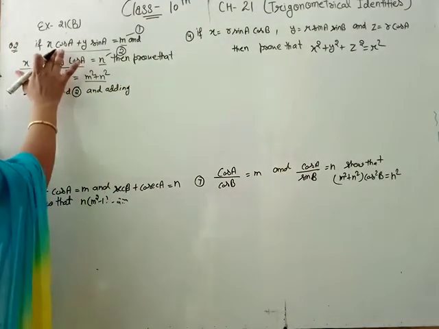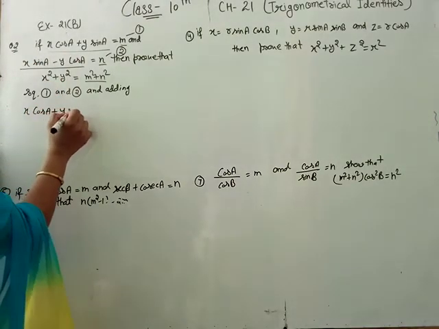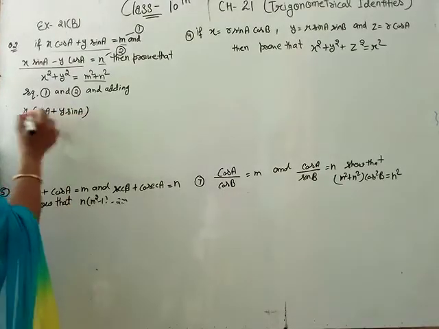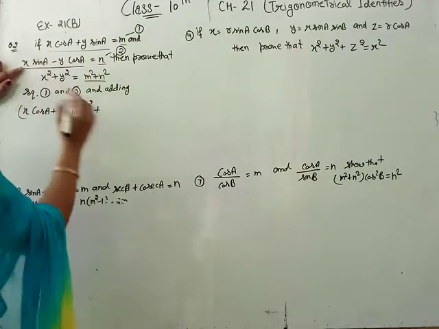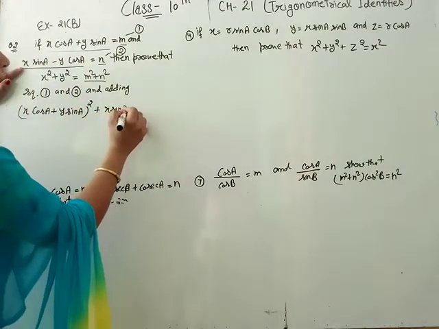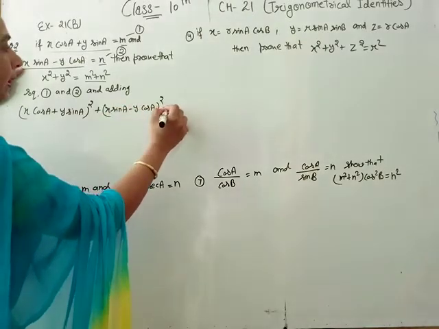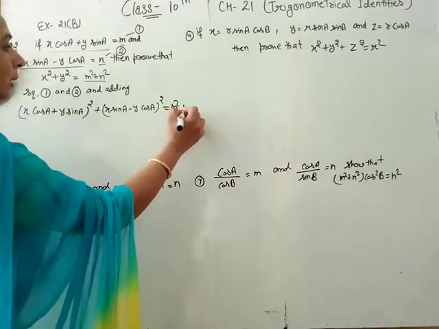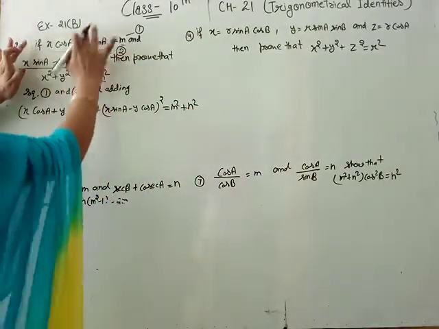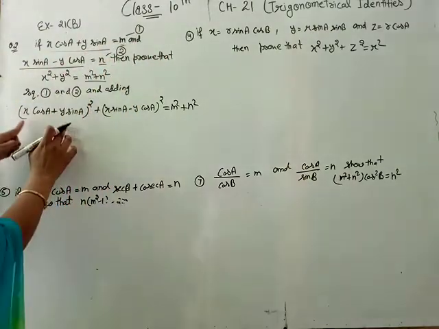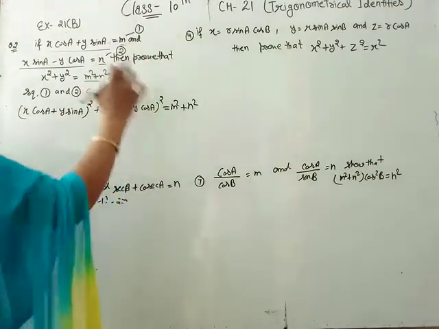If we square this, then x cos A plus y sin A whole square, plus left added to left and right added to right, then x sin A minus y cos A square, and on the right side m square plus n square. Square of both sides, this square equals m square, this square, first and second both adding, and this equals m square plus n square.